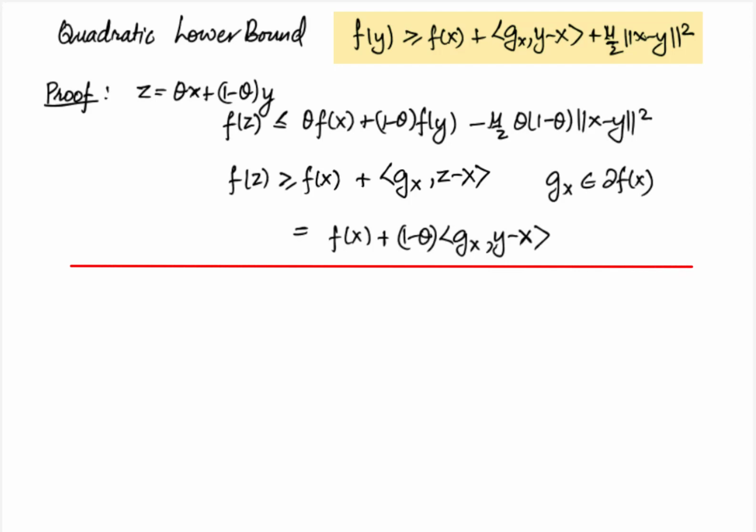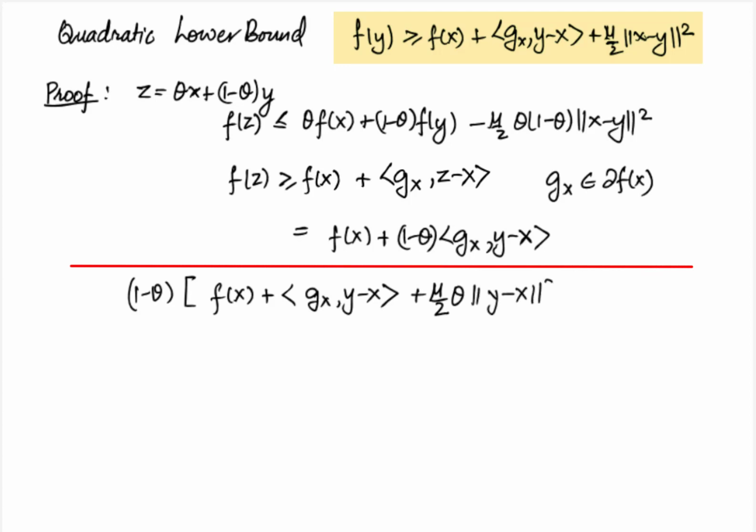So combining these two inequalities, we obtain 1 minus theta times f of x plus inner product of g_x with y minus x plus mu times theta times norm of x minus y squared minus f of y, whole thing less than or equal to 0. Here 1 minus theta is common and can be removed if theta is assumed to be less than 1. Now we started with some arbitrary theta, so we can always assume that theta is strictly less than 1.